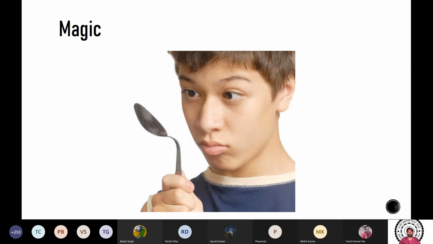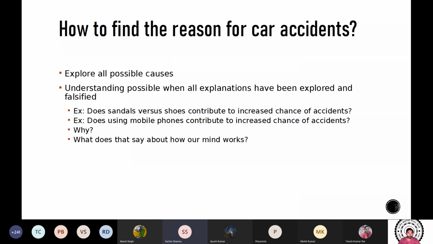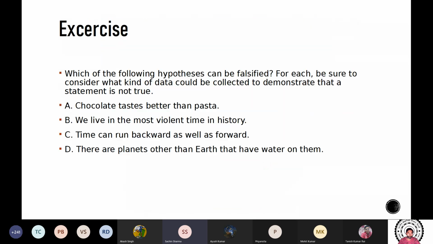Sir, it might also depend on the future technological advancements. Yes. Like, for example, 100 years back, someone might have a theory that people far away can't talk to each other, and there might be many claims and theories to prove it true.